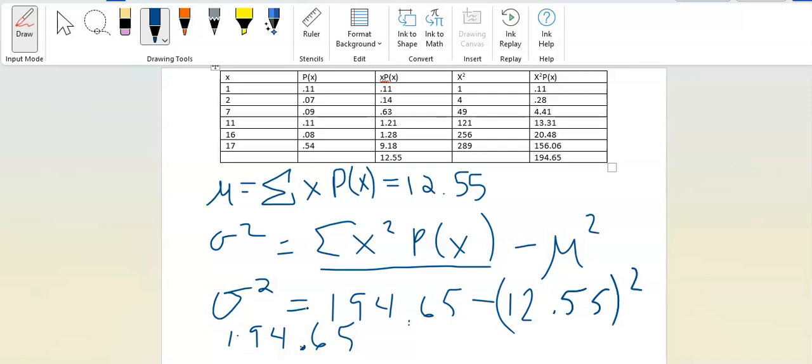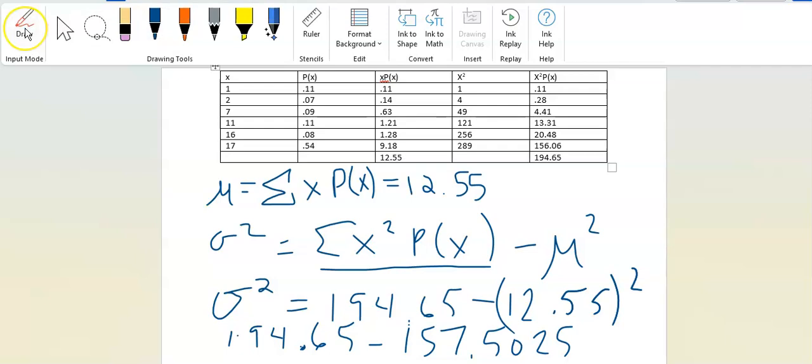I know my little points aren't showing up very well when I write on the screen, so let's see. It's 157.5025. And now I'll let my calculator do that subtraction. 194.65 minus 157.5025.